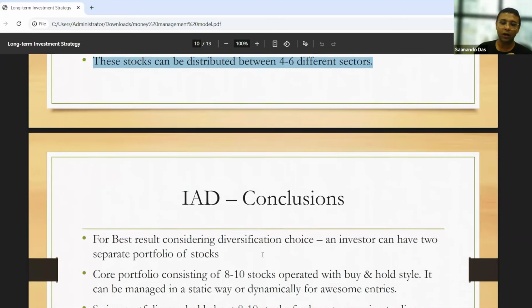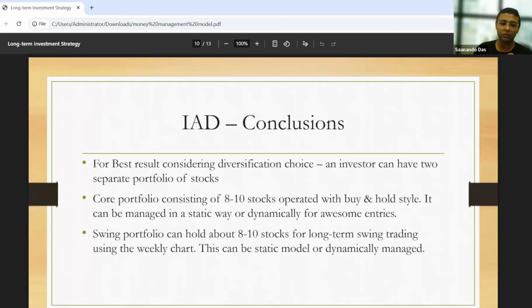Let's move forward. IAD conclusions. For best results considering diversification choice, meaning you will diversify, an investor can have two separate folios.